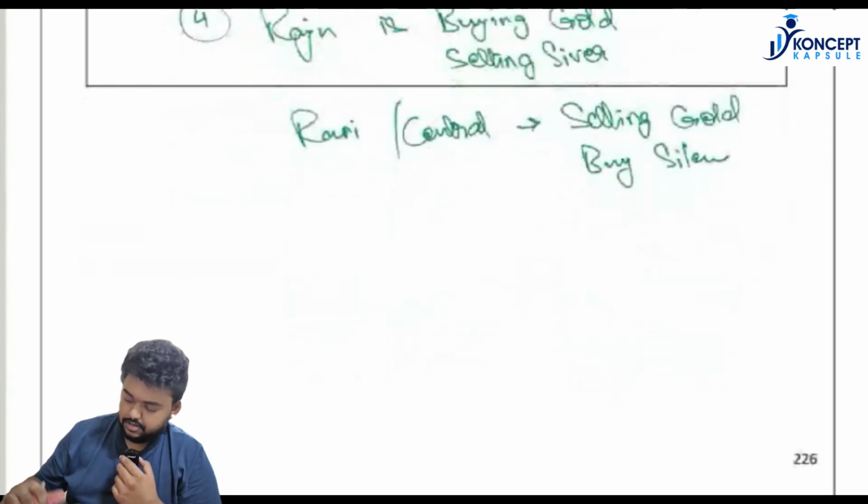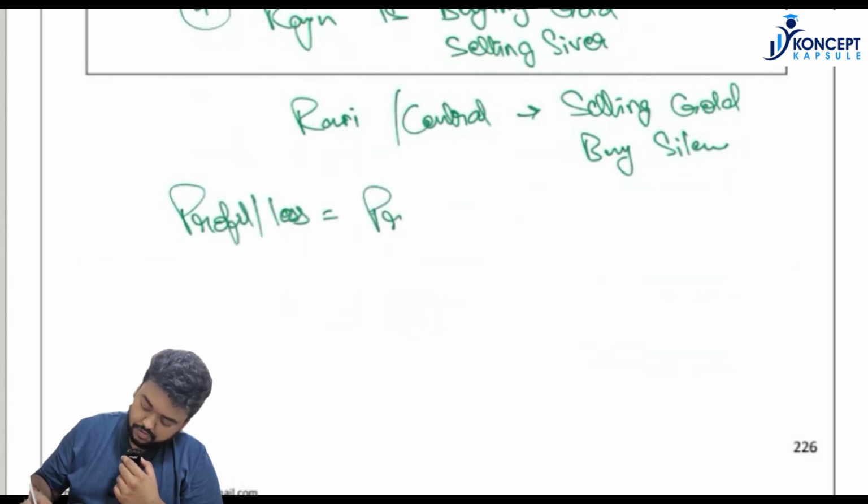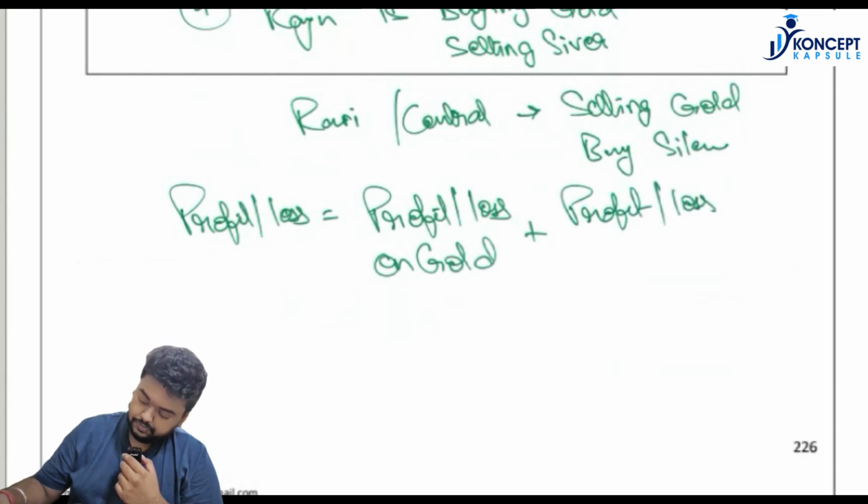In this situation, the profit or loss will be the profit or loss on gold plus the profit or loss on silver. Yes or no, guys?